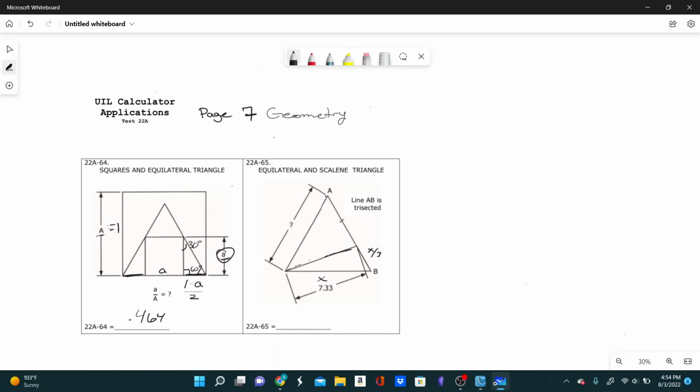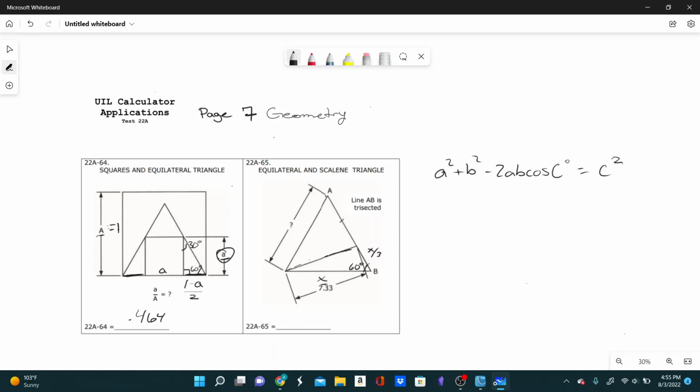So this is x over 3, and similar to the previous question, we know that this angle has to be 60 degrees because it's an equilateral triangle. So you notice we have 2 sides and an included angle, so we can just set up an equation. So law of cosines says that a squared plus b squared minus 2ab times the cosine of the included angle C is equal to c squared.